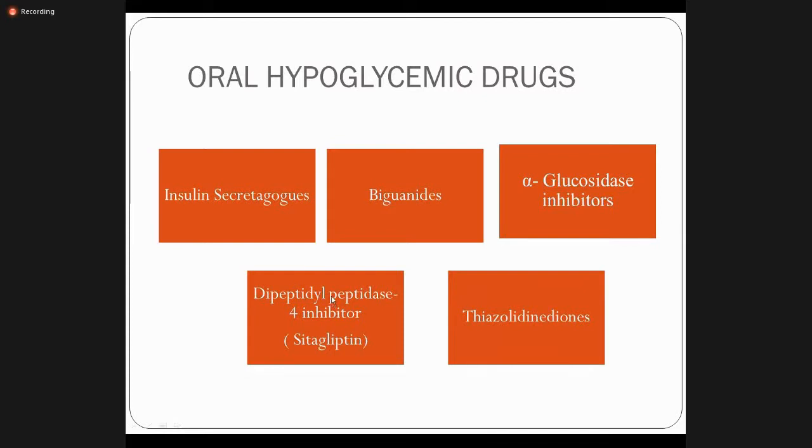This is the enzyme dipeptidyl peptidase 4, and why we are going to inhibit this enzyme. And the key drug, sitagliptin. Again, this is another new drug that is being used extensively. And one more oral hypoglycemic drug group that we will discuss in the last slides, the new group, the sodium glucose co-transporter inhibitors, right?